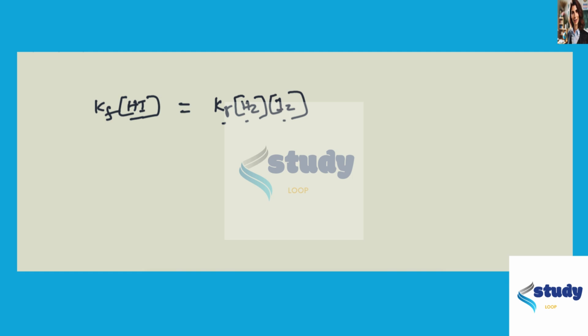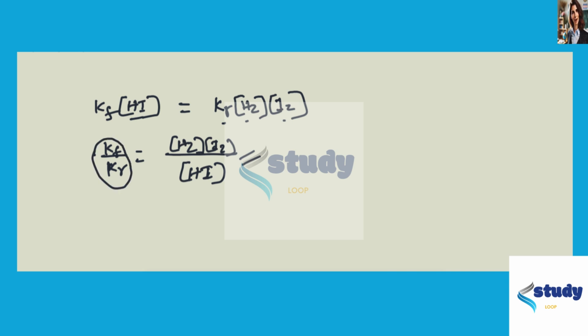And now if we rearrange them, we can write Kf over Kr will be equal to the H2 and I2 concentrations over the HI concentration. And we know that this is the expression for the equilibrium constant Kc. That means this ratio is our Kc.